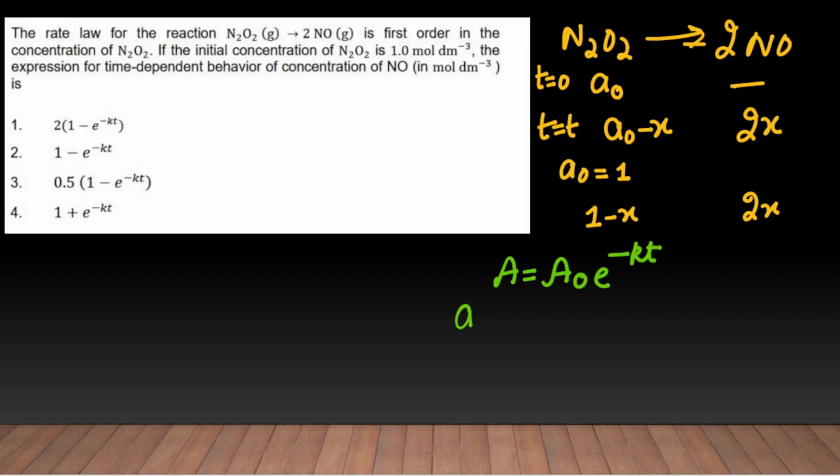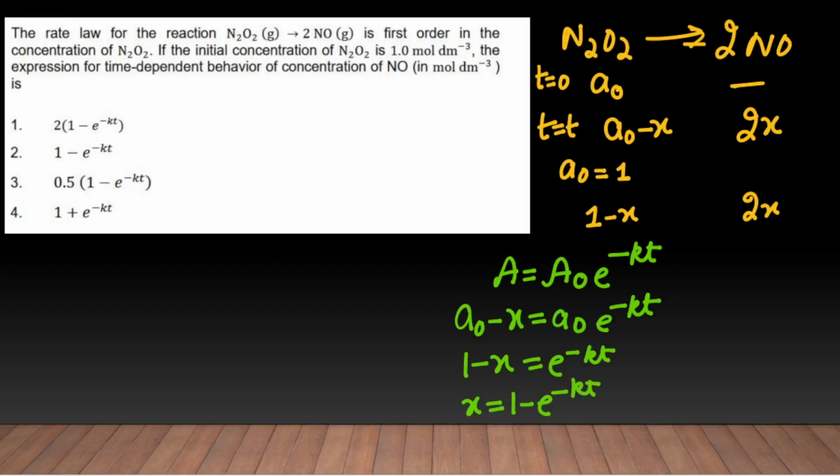Now the remaining concentration, which is A naught minus x, is equal to A naught into e raised to the power of minus kt. This is 1 minus x equal to e raised to the power of minus kt. So from here, the x value we get is 1 minus e raised to the power of minus kt. This is the x value.